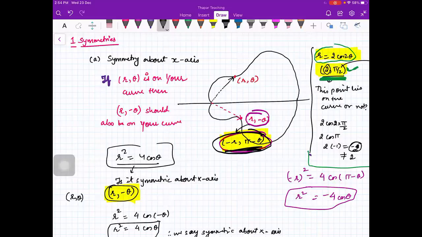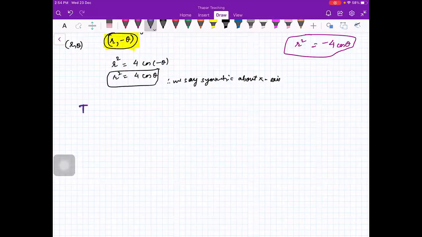To check symmetry about x-axis, just a minute, there is some problem in my OneNote. I'm unable to scroll. Yeah, so to check symmetry about x-axis, you have this test.